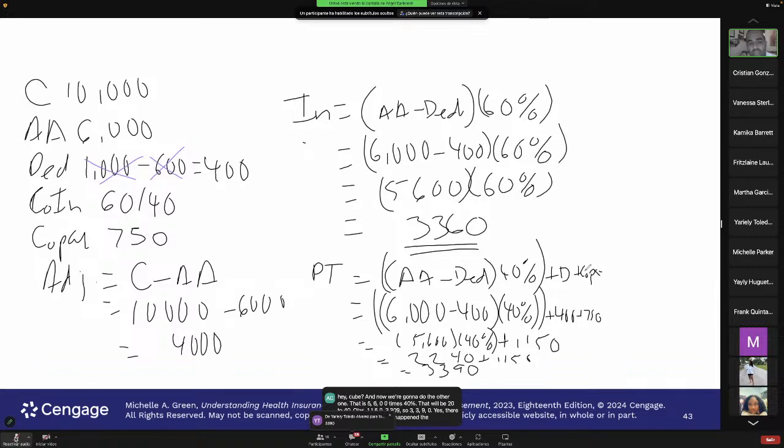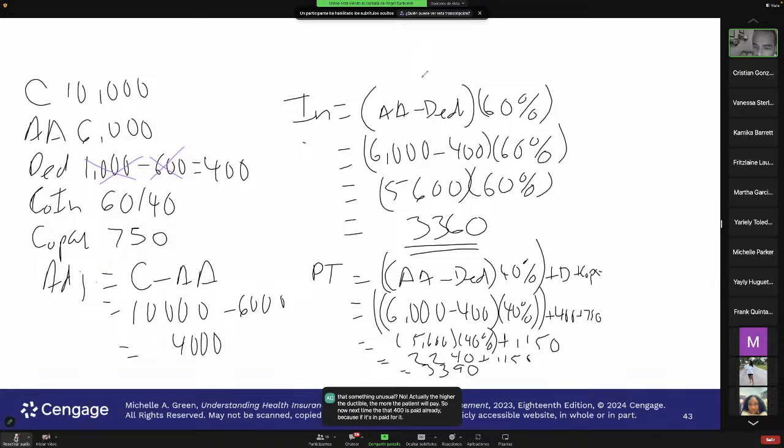The patient paid more than the insurance company. Is that a crime? No. Is that something unusual? No. Actually, the higher the deductible, the more the patient will pay. So next time, that 400 is paid already because the patient paid for it.